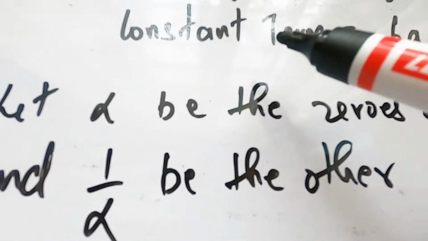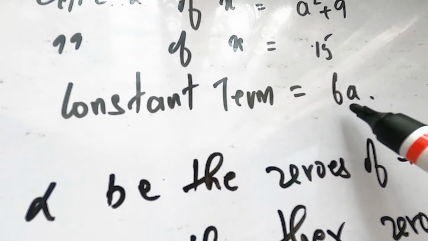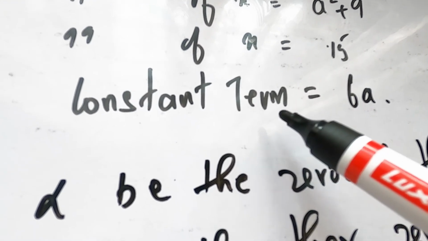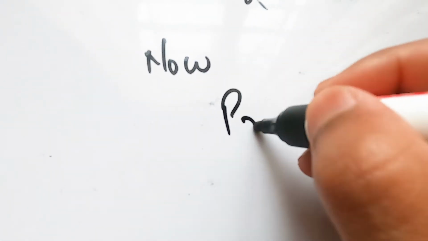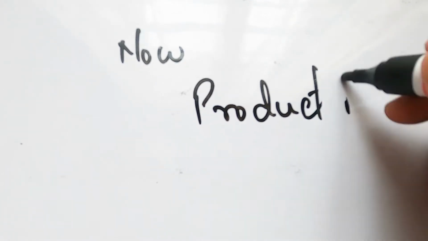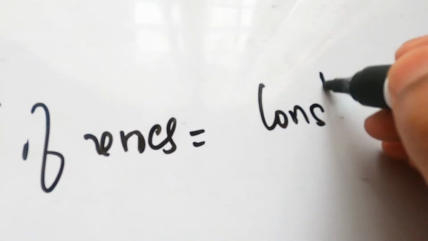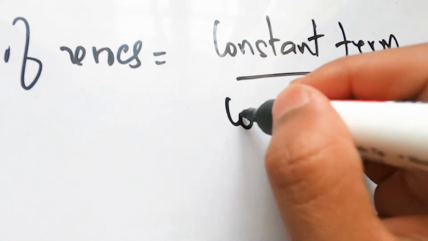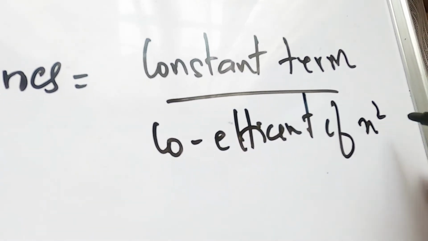So in this case, because we have to find the value of a, and a is in the constant term, we will use the product of zeros. All right, so now the product of zeros is equal to constant term by coefficient of x square.